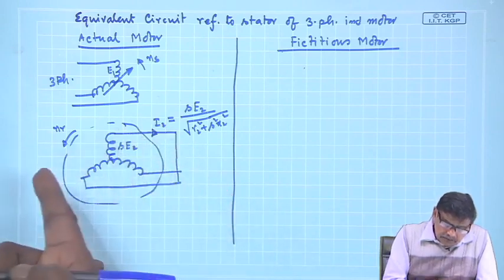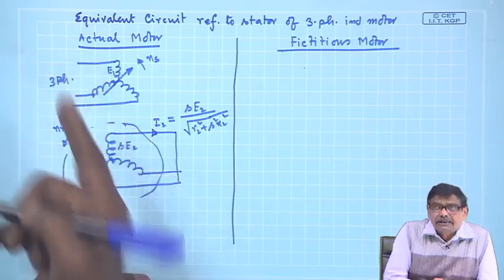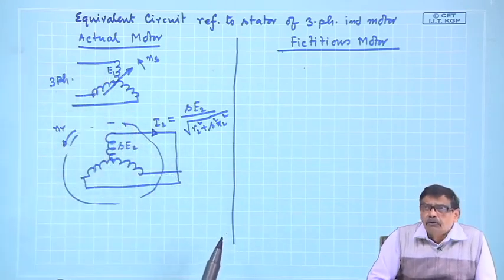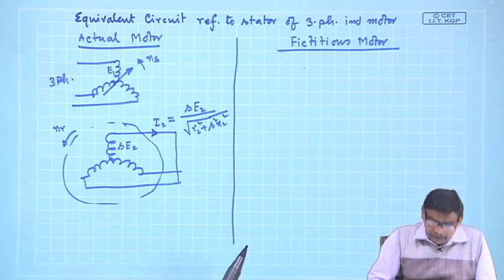Mind you, no matter whether the rotor is rotating or not, sitting on the stator, you will always see the rotor field moving with synchronous speed. Many a time we have seen that.